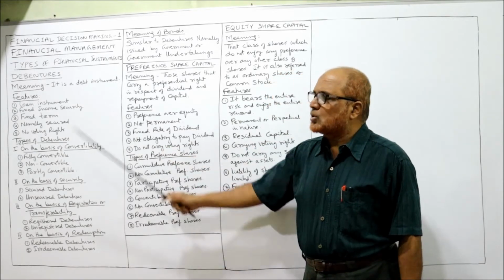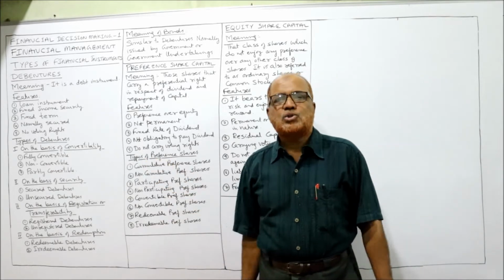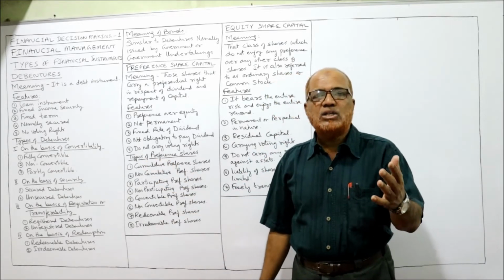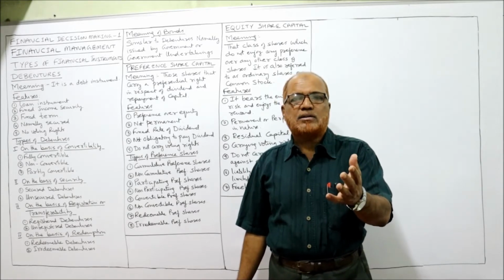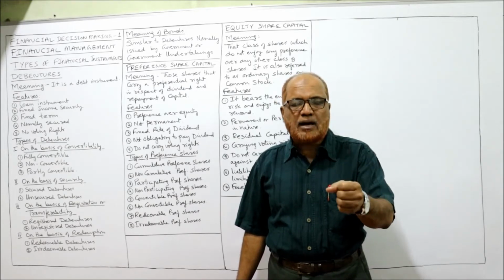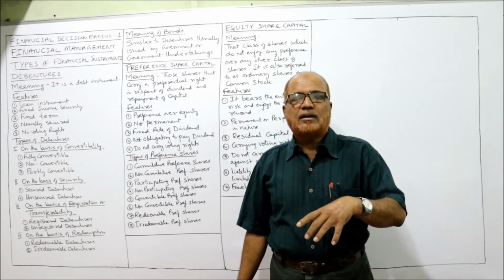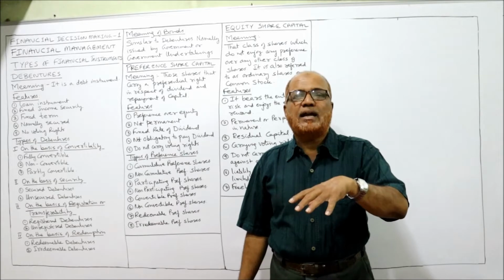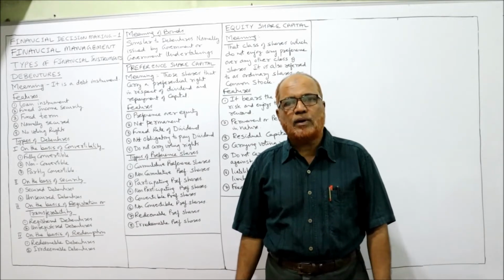So the first source of fund is debentures. Debentures are debt instruments. It is a debt indenture. A debenture is a document which is issued by a company under its common seal, acknowledging that the company has taken a debt from the holder of this security.